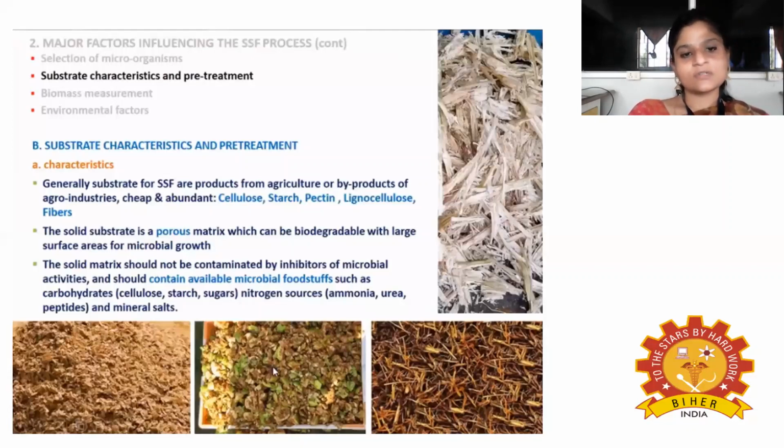Next, we saw that your substrate should be very porous. Why should it be porous? Because only if it is very porous can it easily absorb the media, and the growth of the organism will be very even. Once the media is mixed with the substrate properly, the nutrients will be evenly distributed, and the growth of the organism will also be even.